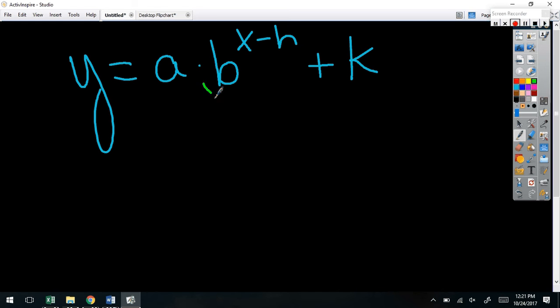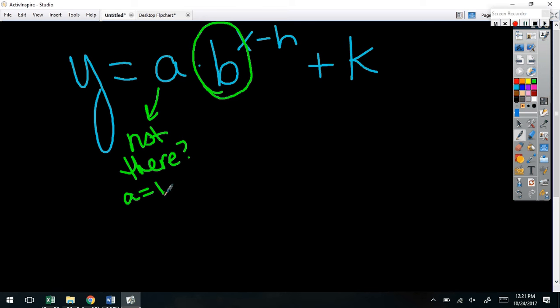Now the base, which is the B. Now remember, if A is not there, what is it? Close. 1. It's 1, okay? Now my base tells me whether I'm growth or decay, all right? If my base is greater than 1, then I'm growth.